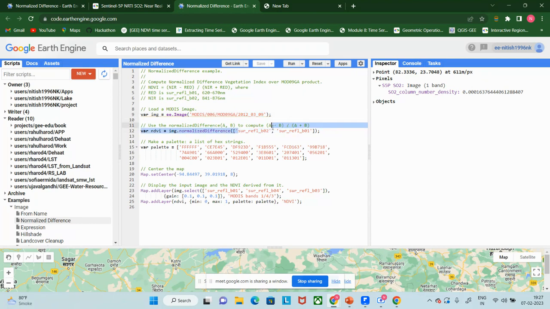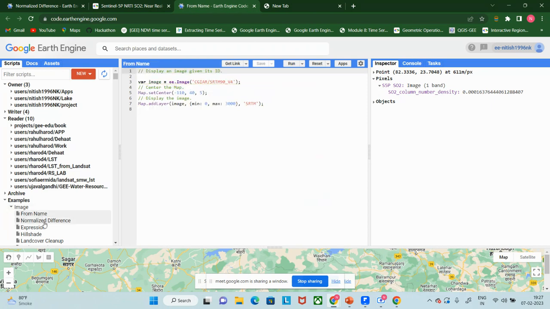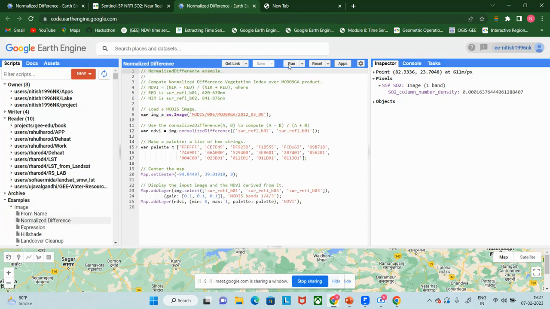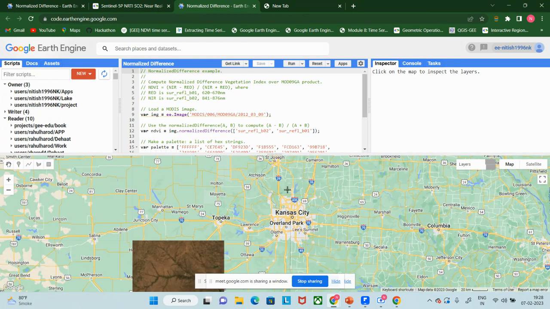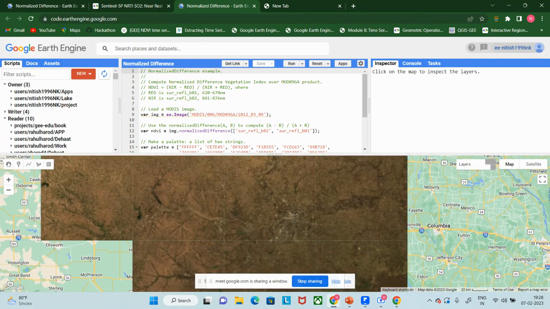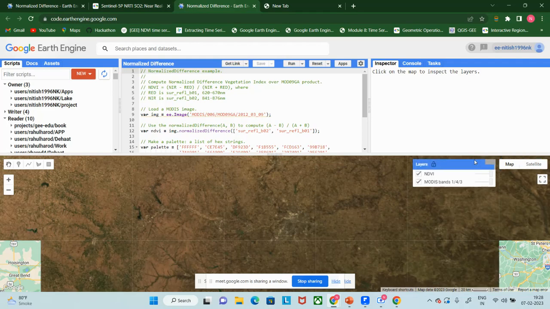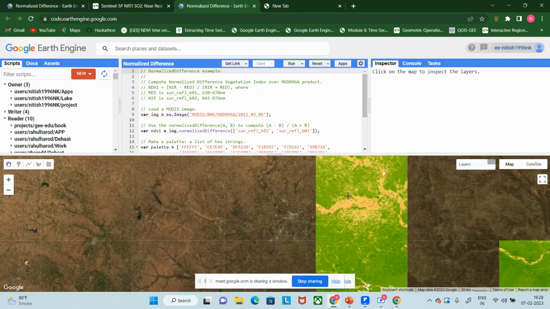For that, they take NIR minus red and NIR plus red, and divide them, and make the NDVI image, and that layer they are adding here. I have given the name normalized difference. If I run it, you will see this is some other country's data, and here the NDVI layer has come.